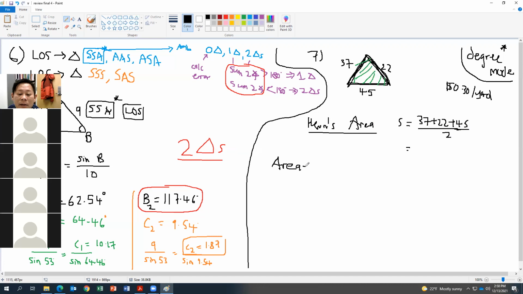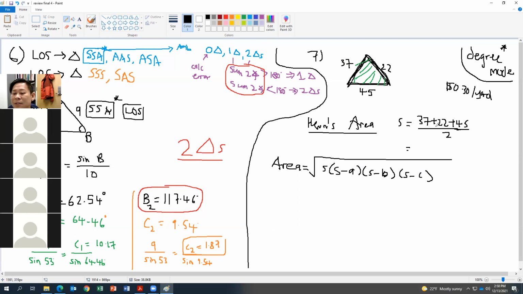And then the area, the formula says, you take S times S minus A times S minus B, and times S minus C. So you take S minus 37, minus 22, minus 45, all multiplied.